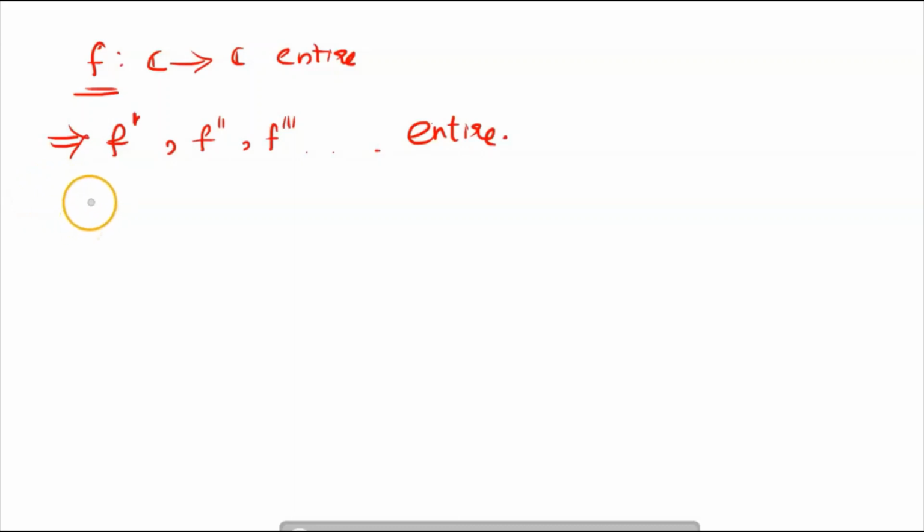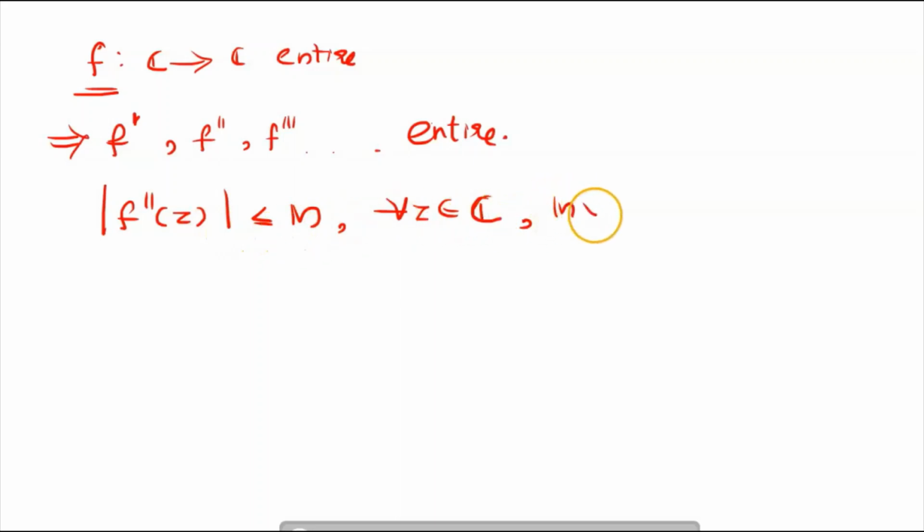And also given that |f''(z)| is less than or equal to capital M for all complex numbers z, for some positive number M. This means f'' is bounded by a positive number M. Also f'' is an entire function.